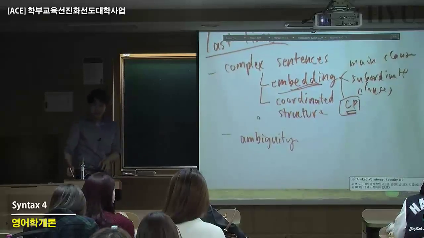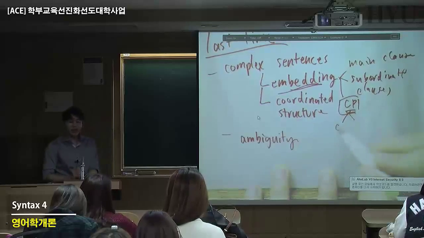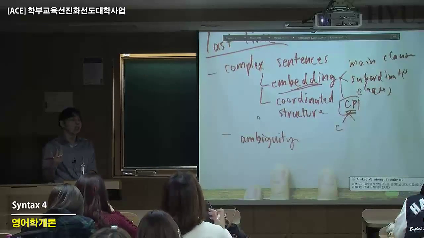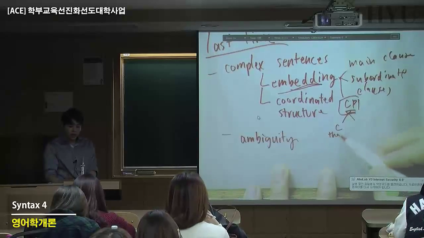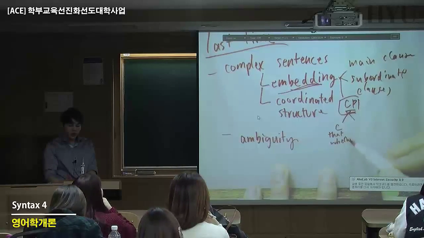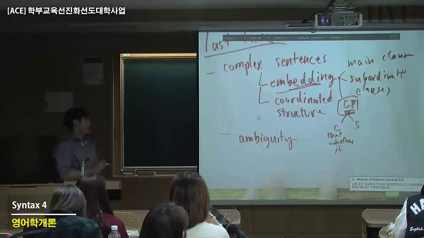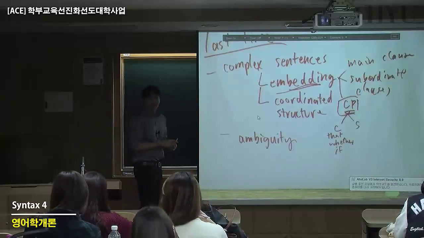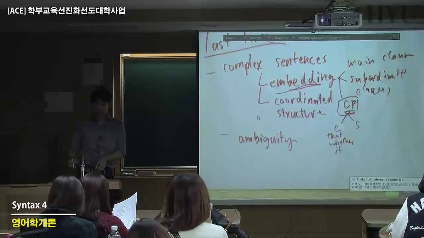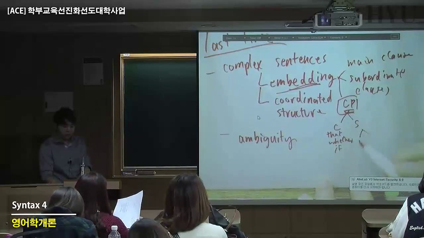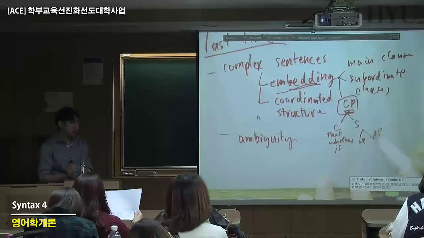A CP consists of a C, which is a complementizer, like that, whether, or if, and the other branch is an S. S goes to NP and VP, just like normal.